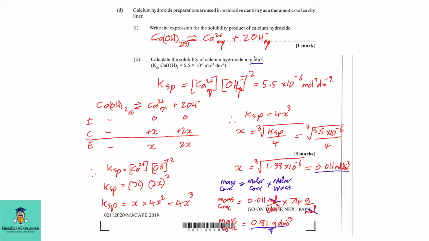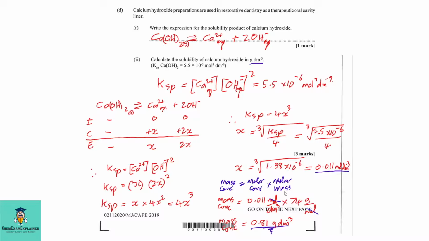But the question requires that we put our solubility in terms of mass concentration. We are then going to be using a simple equation. Mass concentration is equal to molar concentration times molar mass. So the mass concentration is equal to 0.011 moles per dm cube times the molar mass of our calcium hydroxide.